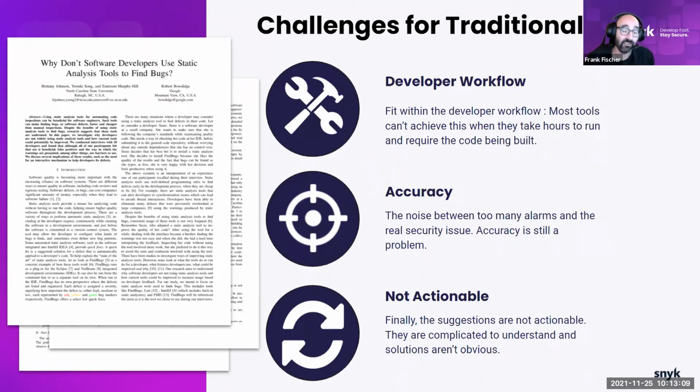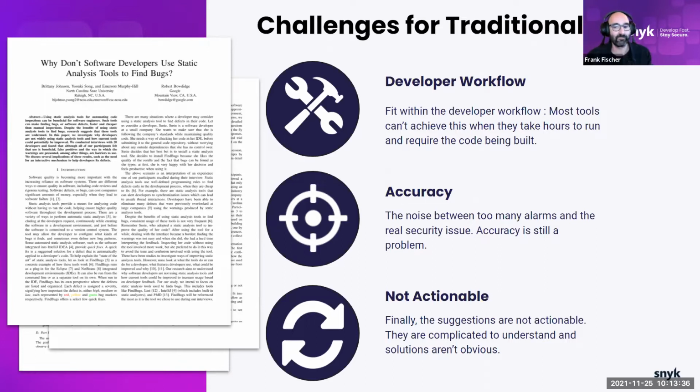And last but not least, a lot of developers complain that the feedback they get from these tools is not really actionable. The tools have, from a computer science perspective, precise error messages. But from a developer perspective, you have to decode what this thing is now telling you. And sometimes decoding this kind of message is really, really hard.